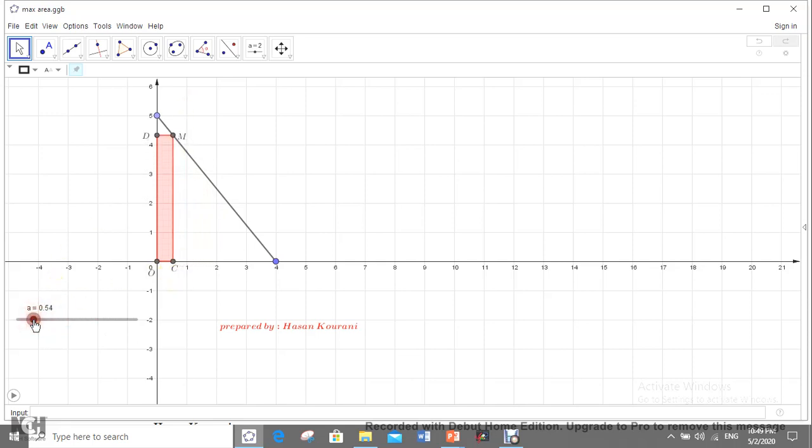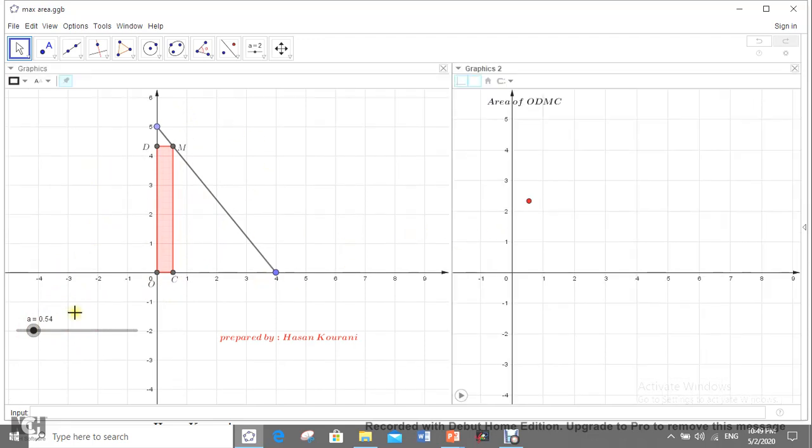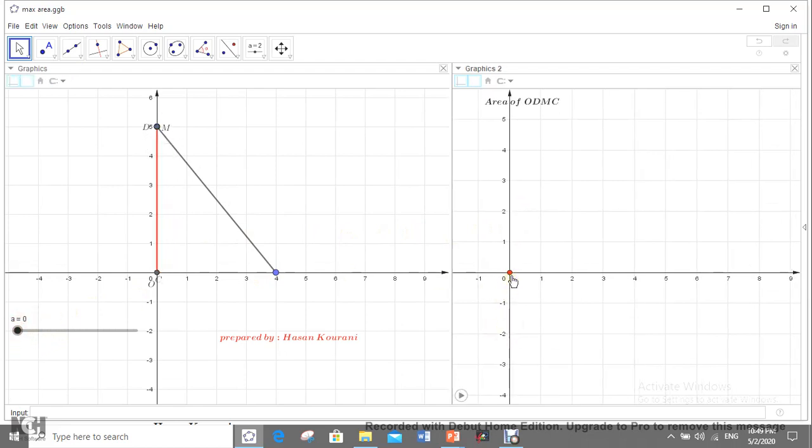As you see, we can see this by drawing in another orthonormal system. Let's see this. Let's say that this point represents the area of the rectangle in terms of x.